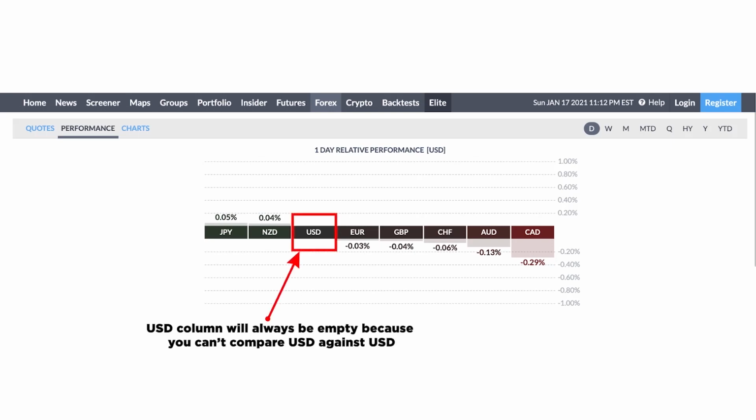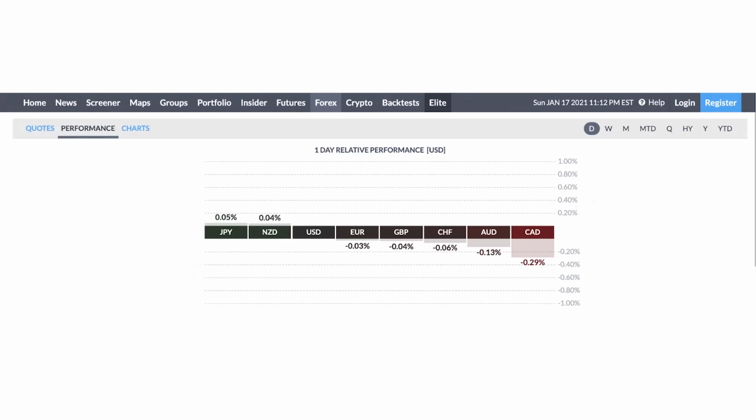But for the other currency pairs, you will see a nice looking graph like this. What this shows is the percentage that a currency has moved against the dollar. For example, if we see that yen is up 0.05%, that means that yen has risen by 0.05% against the dollar.